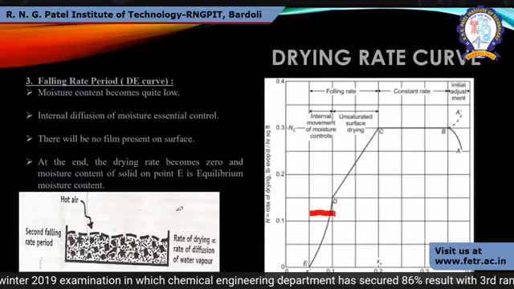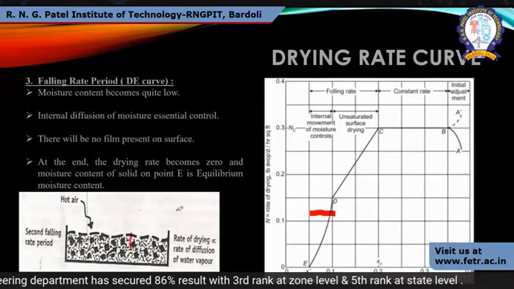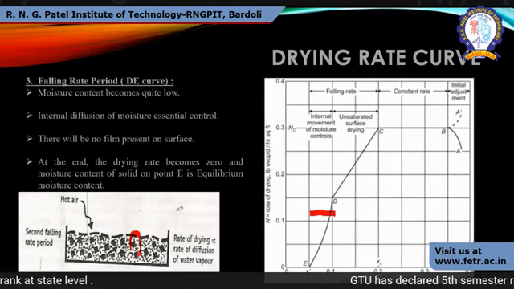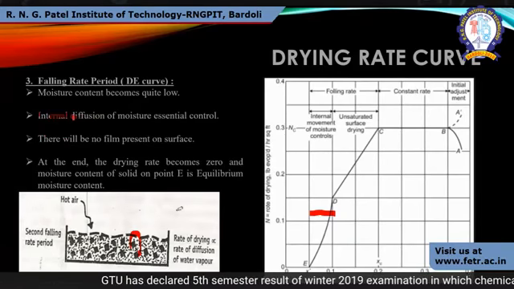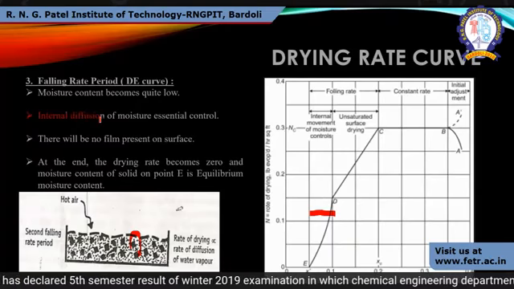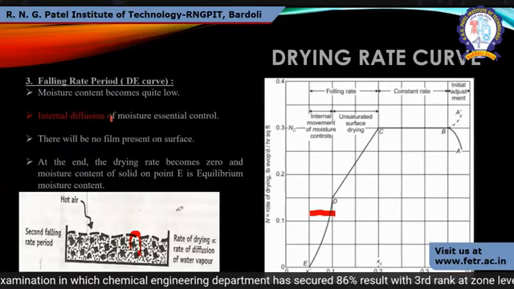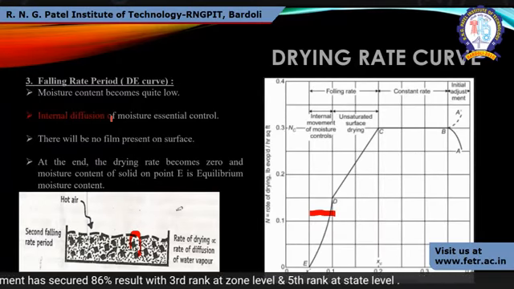In the falling rate period, the moisture content becomes very low, right? Now the dry spots spread, and the upper layer of the surface is completely dry. Internal diffusion of moisture completely takes control of the drying, and there will be no film present on the surface.